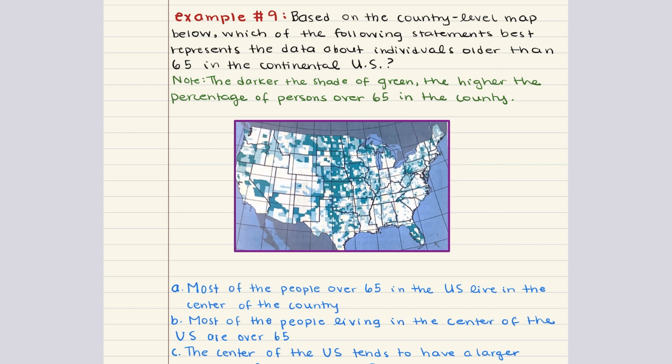And while many central counties are shaded dark green, and that indicates higher percentages of older individuals, it's important to note that these areas generally have smaller populations. So this means the total number of people over 65 is likely lower in the center compared to the more populated areas like the coasts. So A doesn't seem like it's the correct answer.